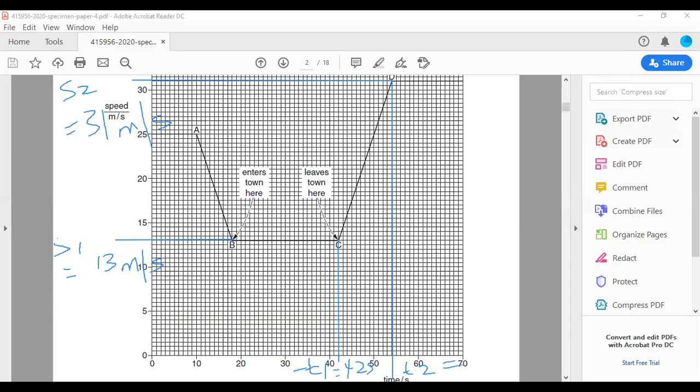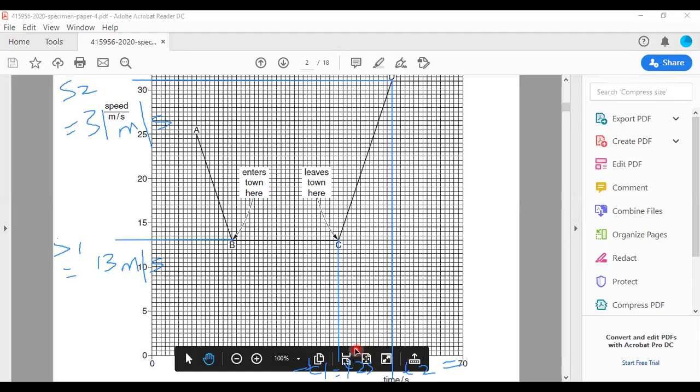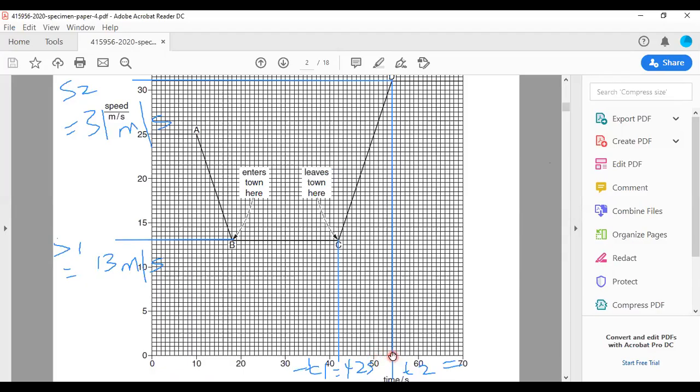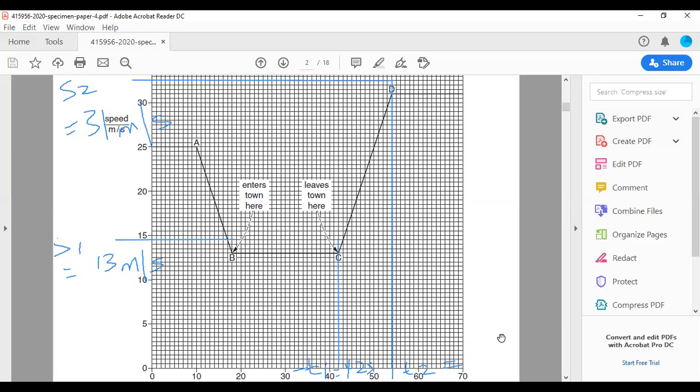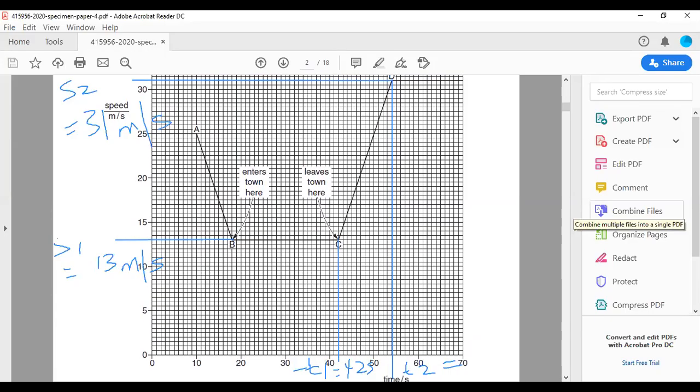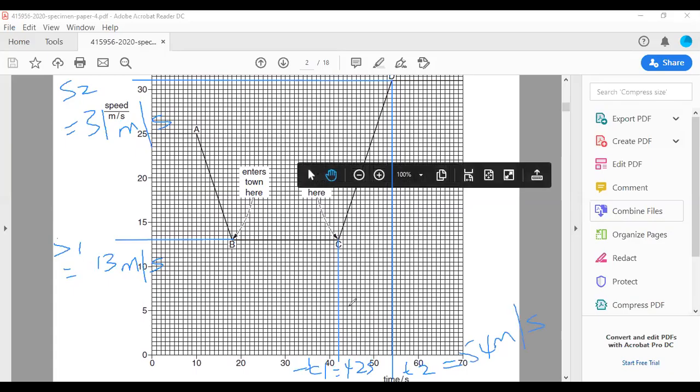And T2, at point D, will be 50, 51, 52, 53, 54. Alright, so here's 54, which is 54 on the side here. So sorry, not meters per second, 54 seconds. Good.